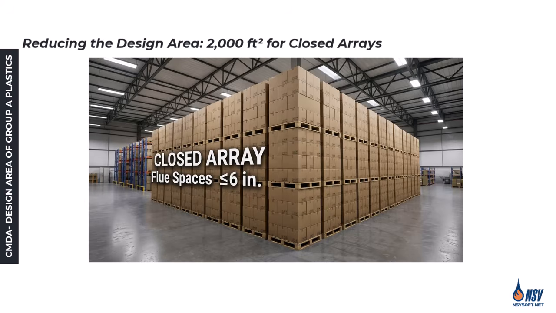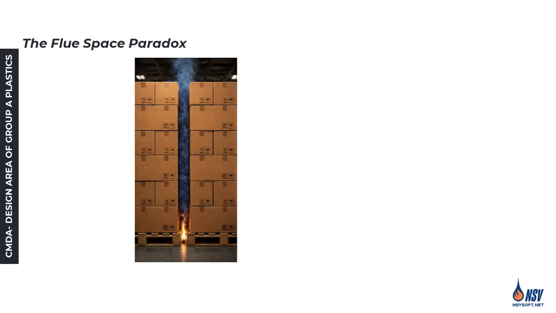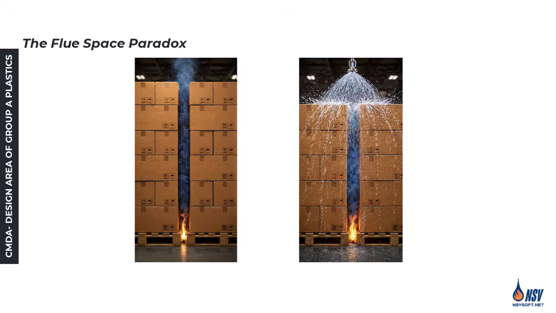Regarding the flue space, it's important to note that it has two different effects on a fire. On the one hand, narrow flue spaces of less than 6 inches help restrict oxygen and choke the fire. On the other hand, these narrow spaces make it difficult for water discharged from our sprinklers to reach the fire origin. Therefore, NFPA 13 takes two different approaches based on our storage method.